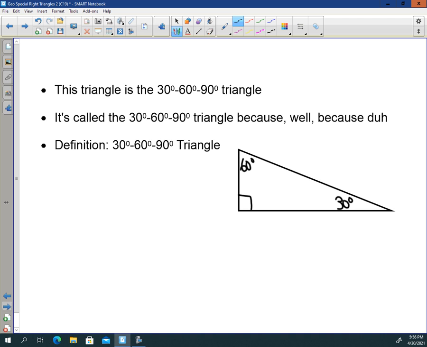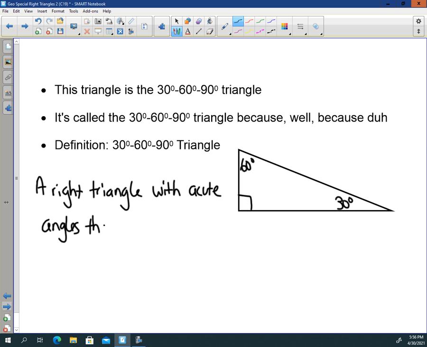A 30, 60, 90 triangle is a triangle. I left out a word. A right triangle with acute angles that measure 30 degrees and 60 degrees.